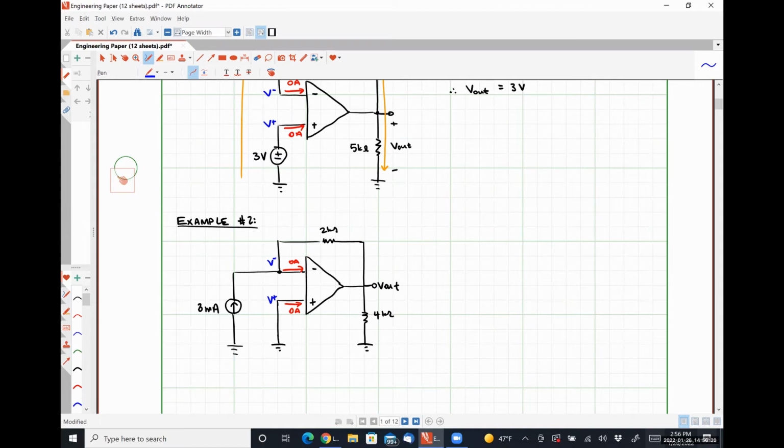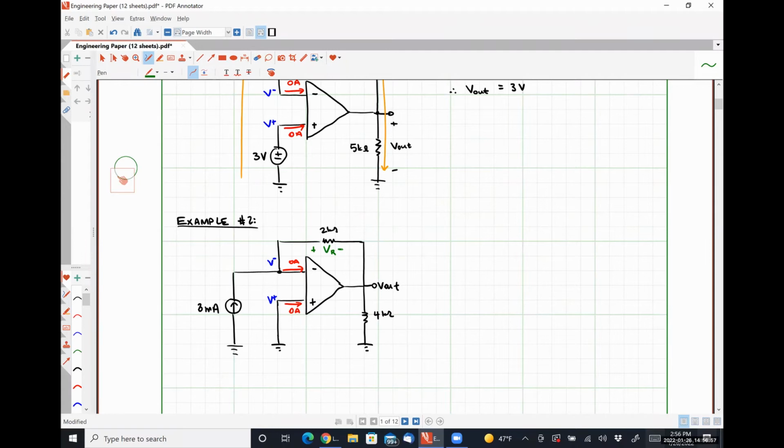So Kai, what's V minus? Also 0. Okay, so both of those voltages are 0. So what's the voltage drop over my resistor VR here? Either of my Jacobs. It will not be.